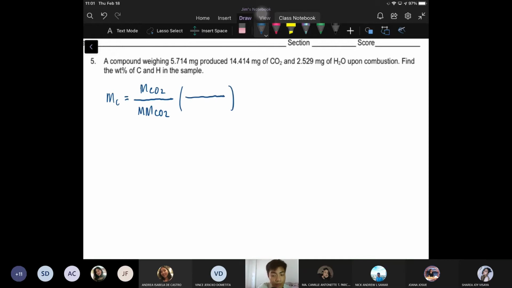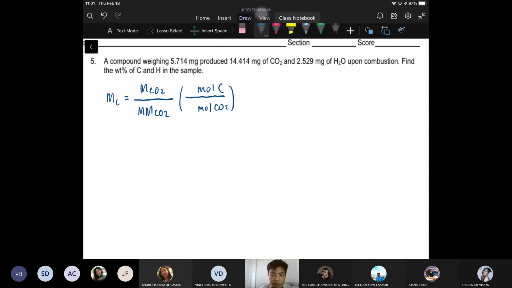Okay? So, nasa baba yung CO2, nasa taas yung carbon kasi yun yung gusto mo, yun nasa taas. Okay. So, let's look at the formula so we can identify their stoichiometric factor. For every mole of CO2, how many moles of carbon will we get?